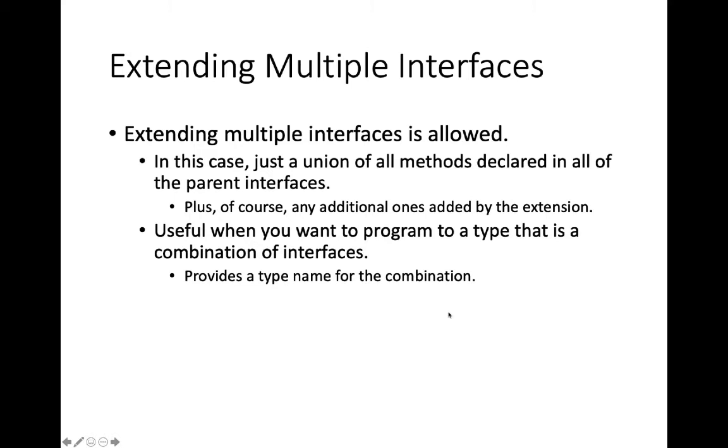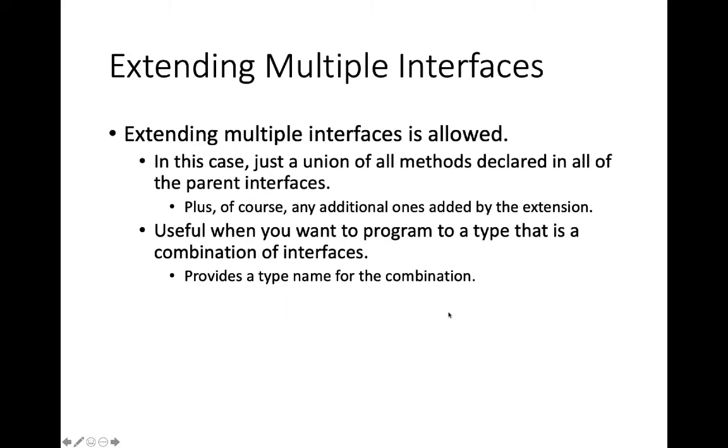Let's call it ABC, which extends A and B and C. And now I have a new type name that I can use: my parameter is an ABC, and whatever you give me has to implement A and B and C, because ABC is an extension of A, B, and C. Because I have this new interface name that is an extension of all three interfaces, I can use that type name in order to demand an object that implements all three interfaces.